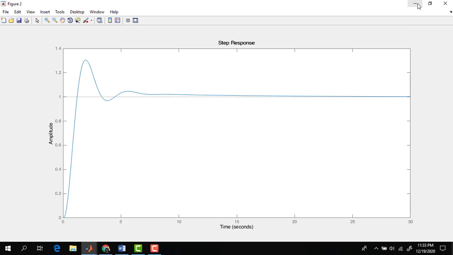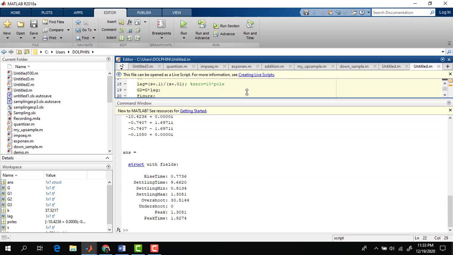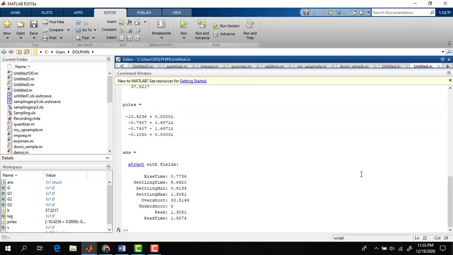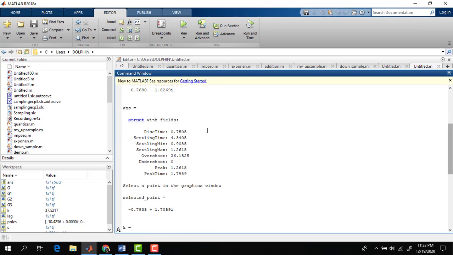So let's see. This is our step info. This was our step info without the compensator. You can see the overshoot was 26%, which is very close to 20%. It will not be exactly the same.